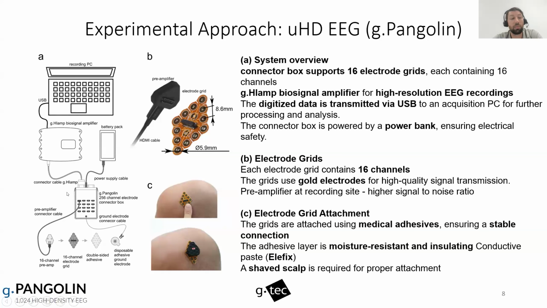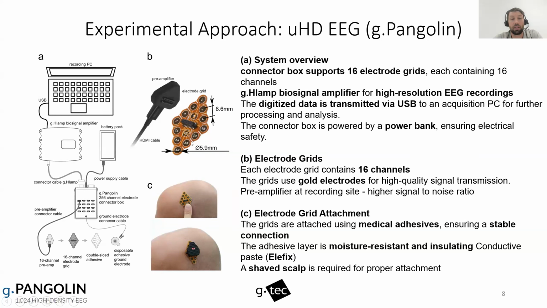So we have a connector box that makes it possible to merge 16 preamplifiers with 16 channels each, which means we have 256 channels per connector box. And then we can use more g.HIamps simultaneously with our software, so we can merge several connector boxes, so we reach an even higher channel count.